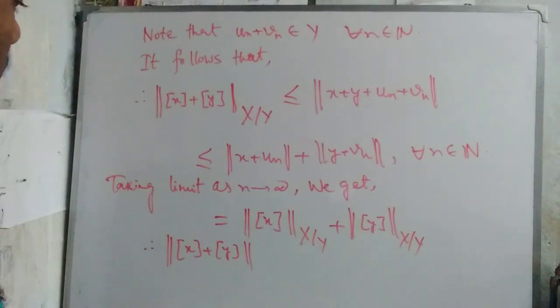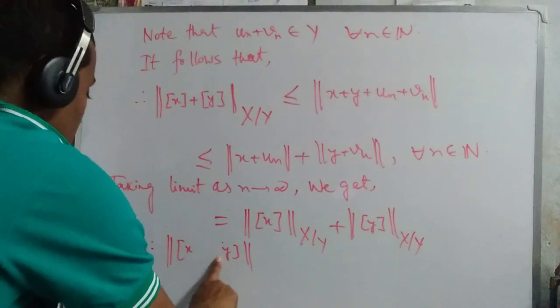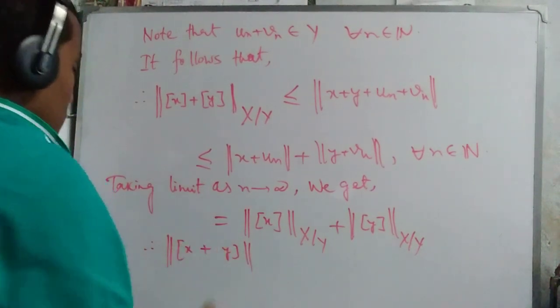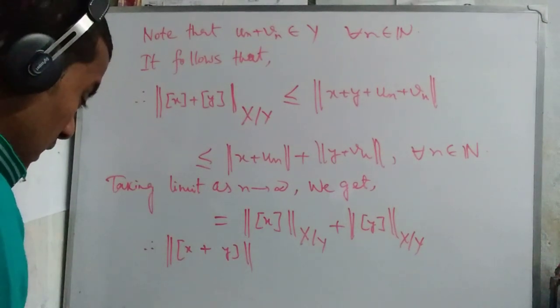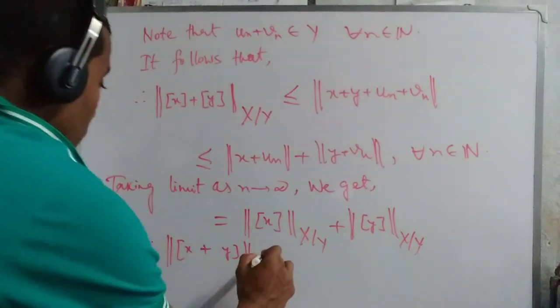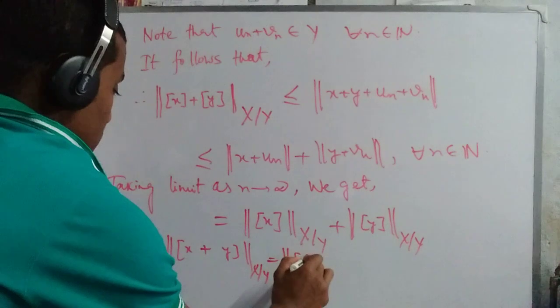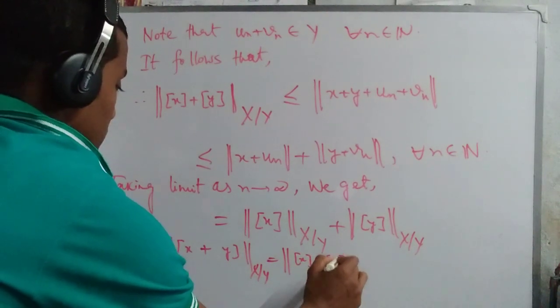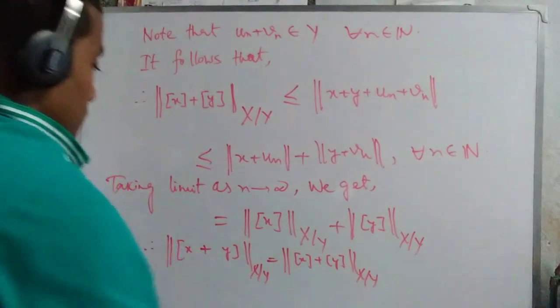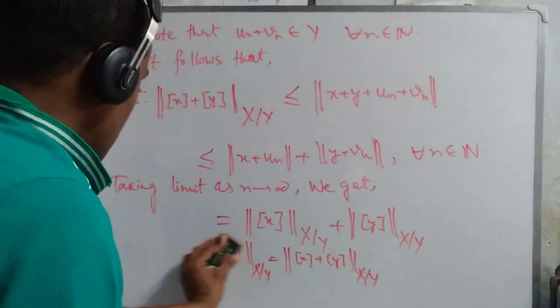Okay, this one we write it in this way. Okay, norm of x plus y. This one is better or not? I think better, or in this way. Okay, this way is better, not here, this one.